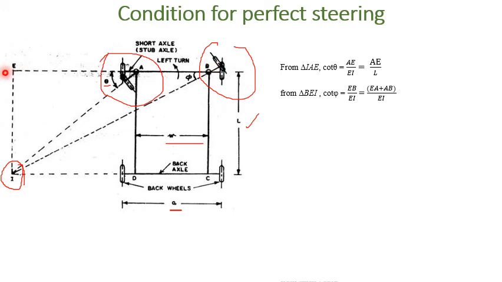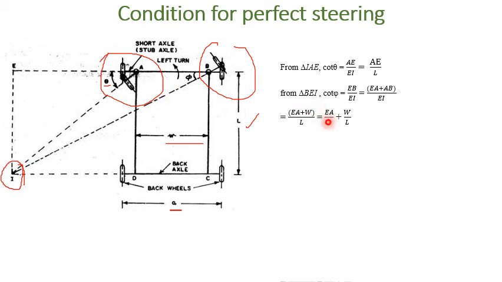This EB can be written as AB plus AE, and this EI is nothing but L. But I am not going to substitute the L value yet. First I am going to simplify this equation. This AB value is W, so in place of AB, I will substitute W.